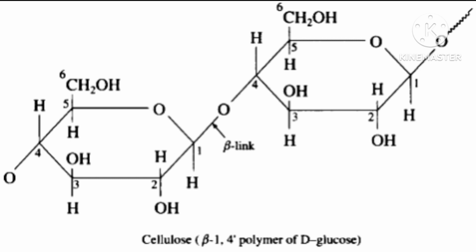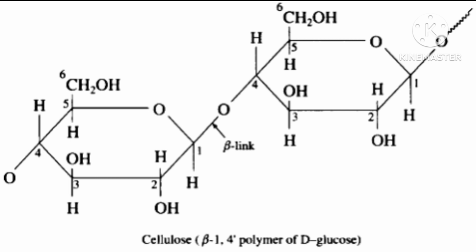In a plant cell, there is a cell wall. What is the cell made up of? The cell has a wall that is actually of cellulose. The cell wall of a plant cell, it is found as a constituent of the cell wall. There cellulose is found.